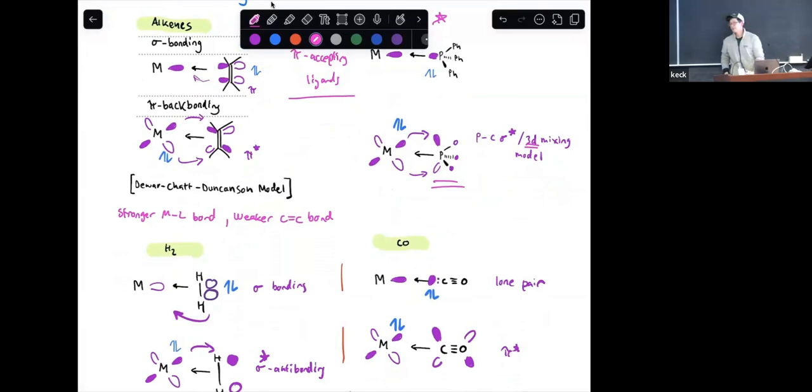Agree? Yes, so if you have learned in a previous class that it's just the P-C sigma star or it's just the 3d, that's not totally wrong, but it's just a little bit more complicated than that. Yeah, Eugene and then Rico. So which antibonding orbital is it exactly that the metal's donating into in that case? The P-C sigma star orbital, which C?